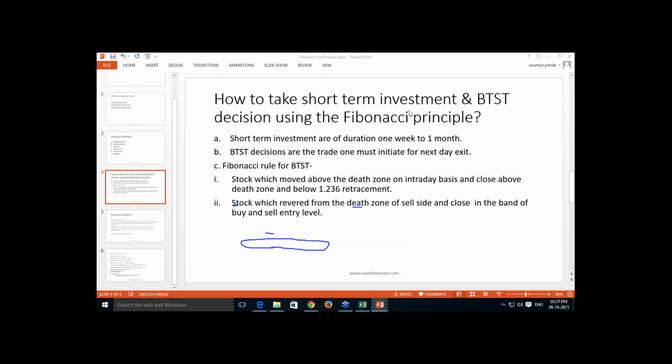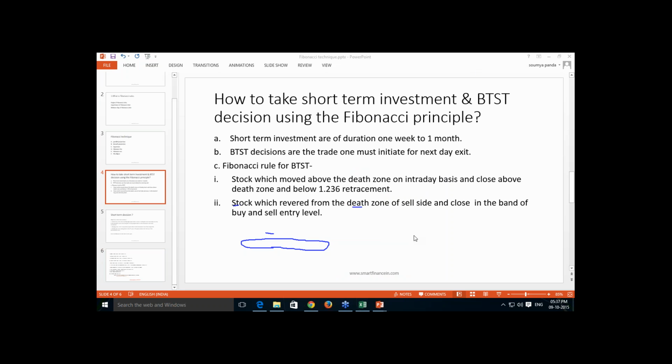Or the script which satisfies this particular rule, but we have fixed for BTST, that script is more appropriate for our BTST trade. Here we do not have any particular affection towards any script for BTST. Rather, we need to take a group of stocks and check which stock moves above the death zone on an intraday basis and closes above the death zone and below the 1.236 retracement.